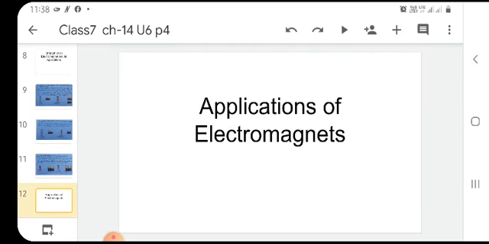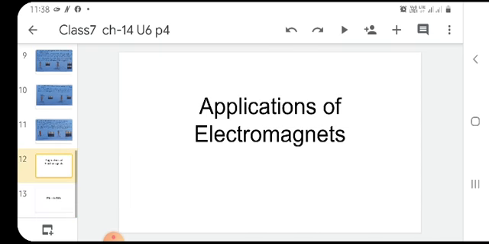Now, what are the applications of electromagnets? Electromagnets have a number of uses in the world around us. For example, they are used in scrap yards to separate iron from the scrap so that it can be recycled.